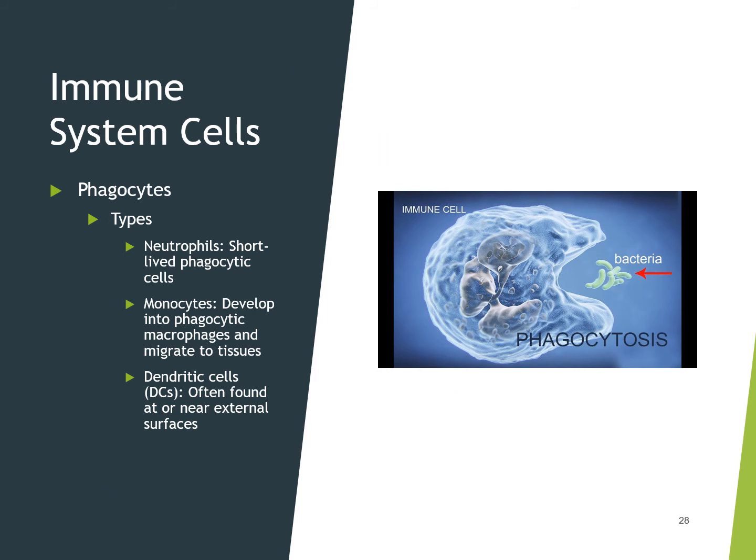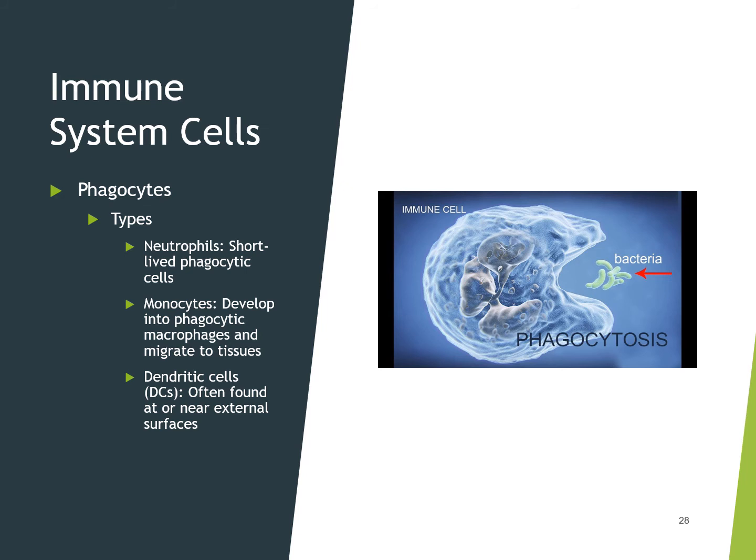Now, two important phagocytic white blood cells are the neutrophils and the monocytes. The neutrophils are the most abundant type of phagocyte, and the monocytes, once they get into the tissues, will typically develop into these overgrown phagocytic cells called macrophages. And then the third type of cell that is also involved in phagocytosis is called dendritic cells. If you remember from the neuro chapter, the nervous system, we talked about dendrites, and dendrites are these mini little branches.